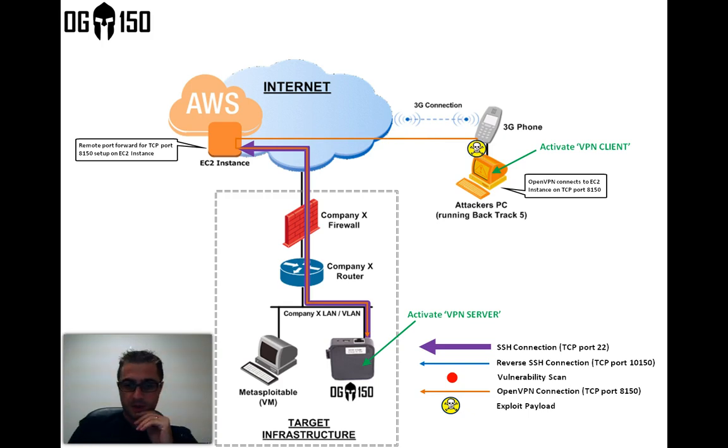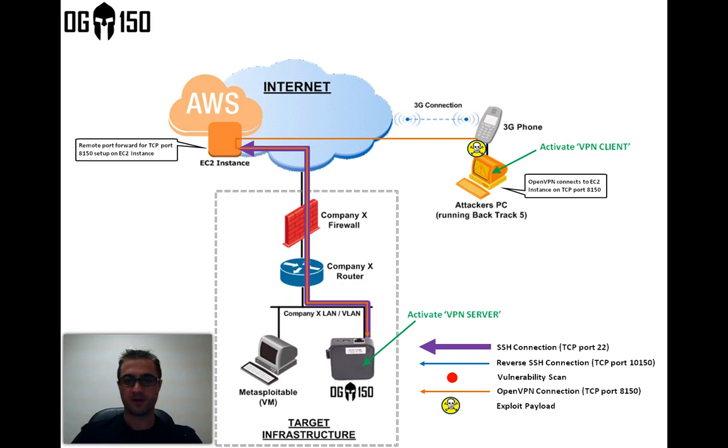Jumping ahead of the game. So the previous vulnerability scan has returned something back to the Backtrack 5 machine to say that the Metasploitable server is vulnerable on XYZ. Okay, so I now use Metasploit in the Backtrack 5 machine on the attacker's PC to exploit that server.